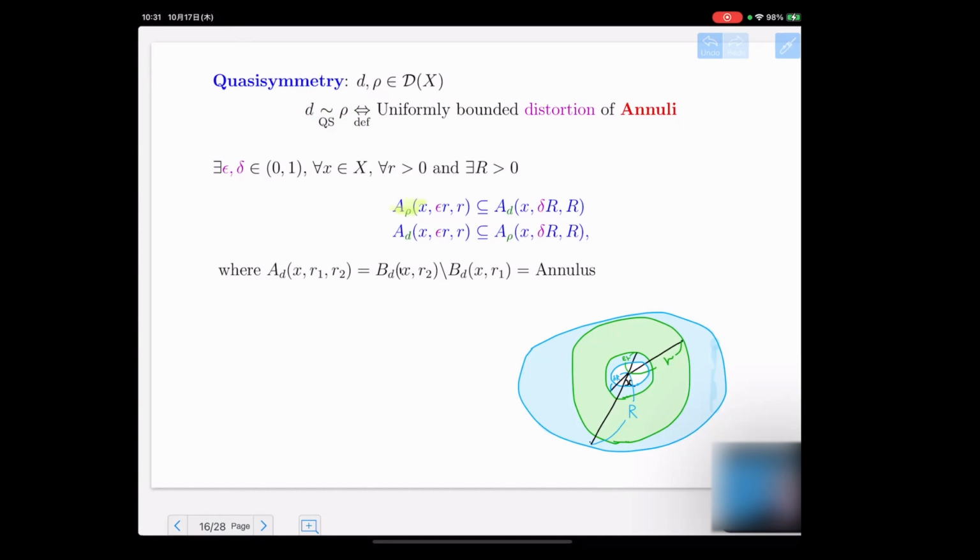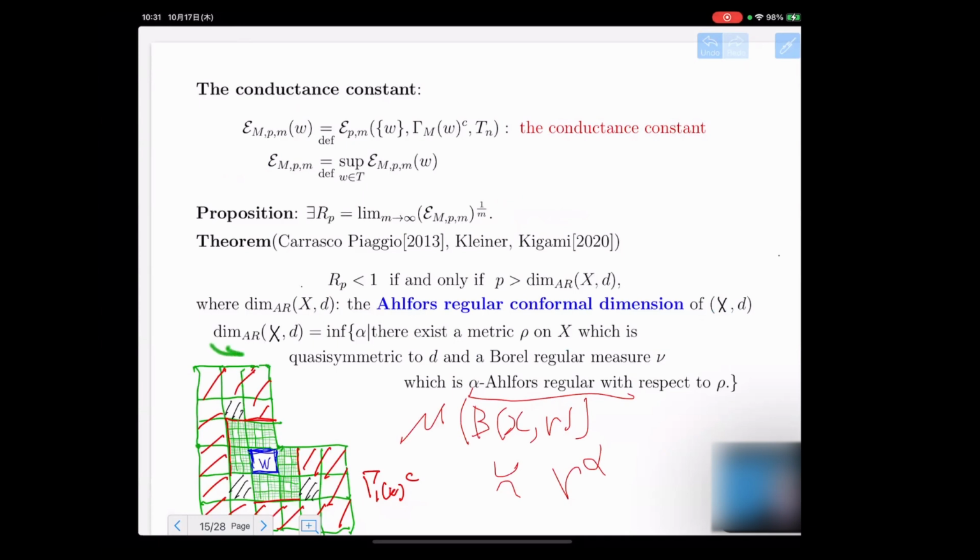So that's roughly the notion of quasi-symmetry. So the Ahlfors regular conformal dimension is, think about the metric which has bounded distortion with respect to the original metric d, and there is some measure which has alpha-Ahlfors regularity. And the infimum of such alpha is the Ahlfors regular conformal dimension.